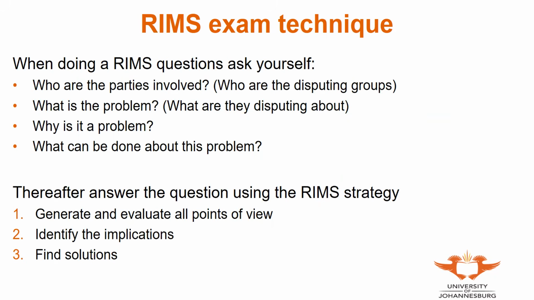What exactly is the issue? So what is the problem that they are arguing about? And then we ask, okay, now that we know what the problem is, why are they saying this is a problem? And then finally, what can we actually do to resolve this particular problem?